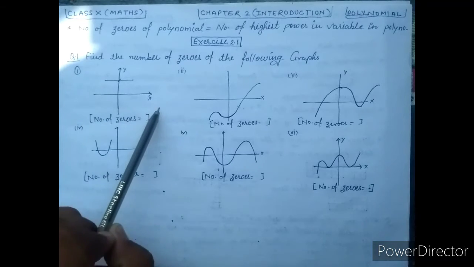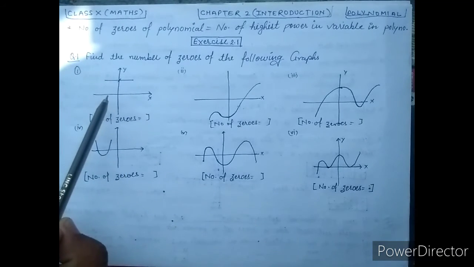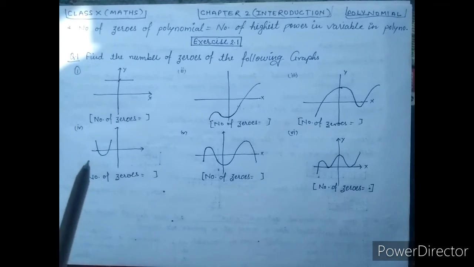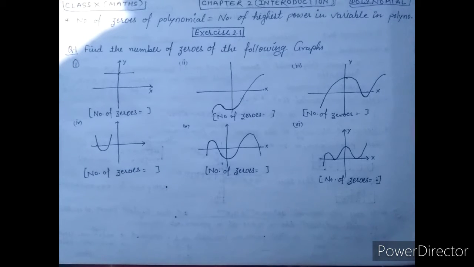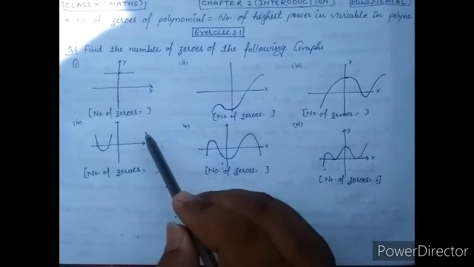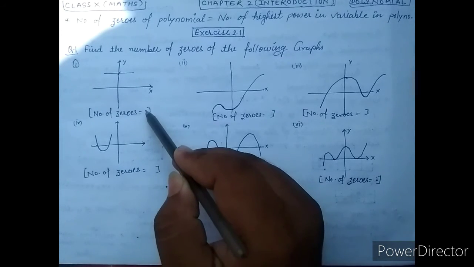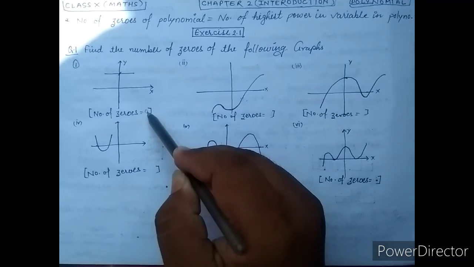It is not intersecting the x-axis. Okay, so I have told you if any graph does not intersect, because it is not intersecting the x-axis, that's why number of zeros will be 0.